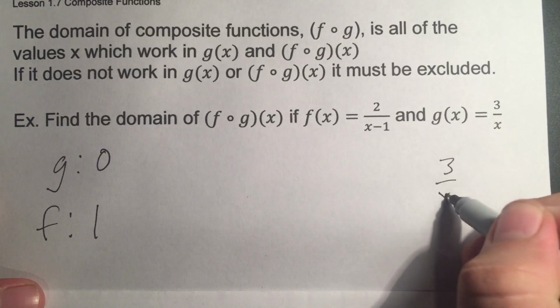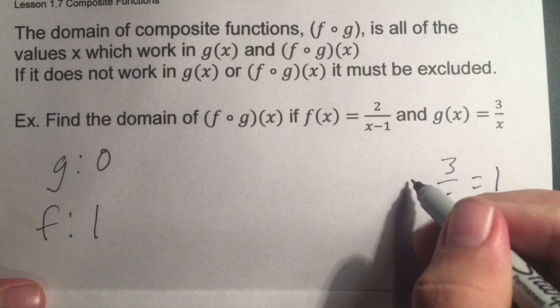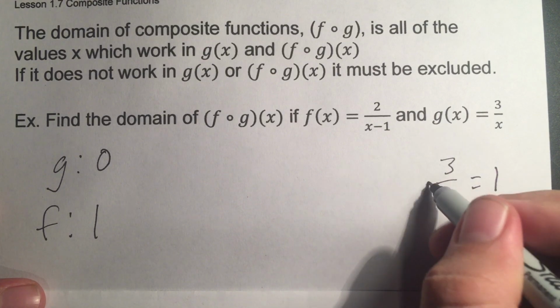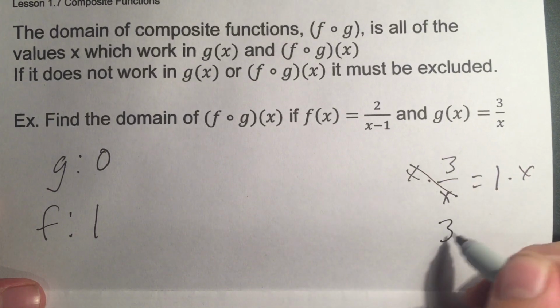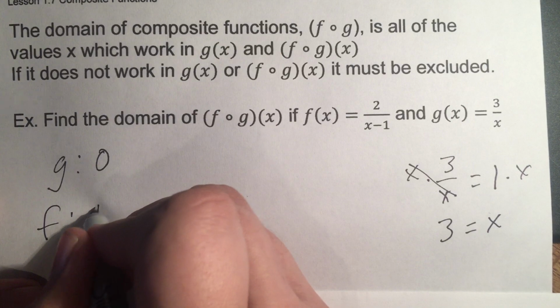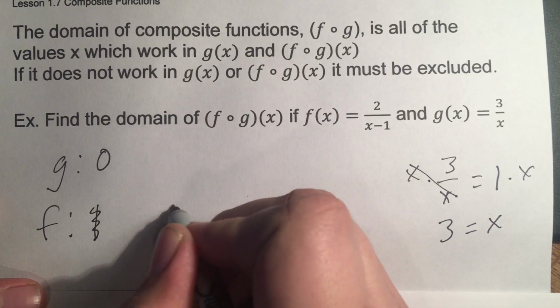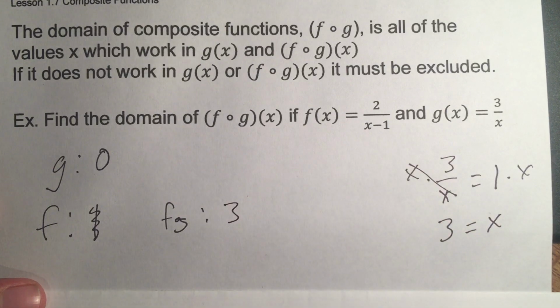So we're looking at where is 3 over x equal to 1? Well, if we times by x, the x's cancel, and 3 would equal x. So we're also going to restrict it. The overall f of g is going to be restricted by 3.